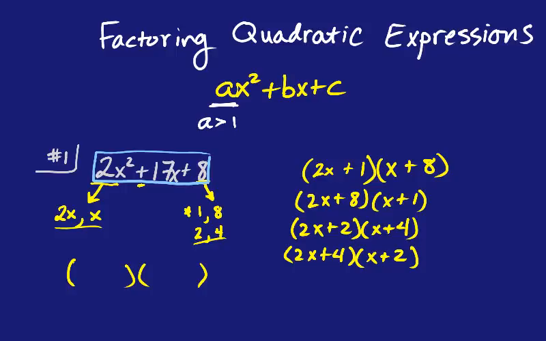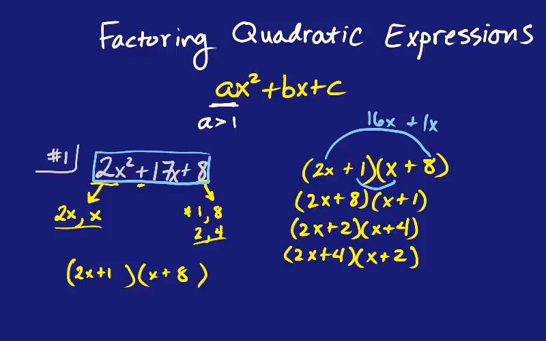Really the only check you need to do is the outside and the inside. 2x times 8 is 16x, and 1 times x is 1x. 16x plus 1x is 17x. So I lucked out. The very first one I made was the actual answer. So your answer is 2x plus 1 and x plus 8.